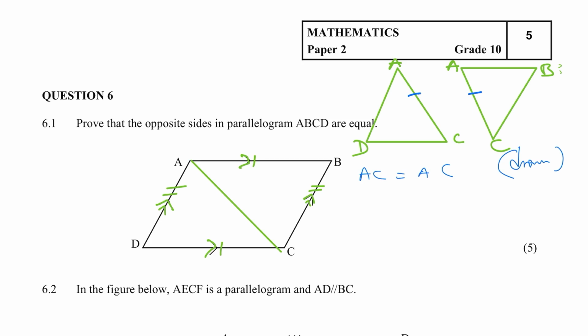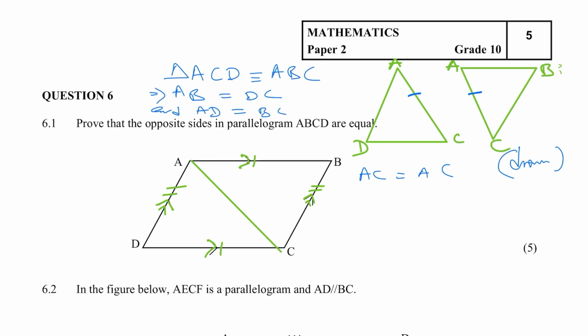So what you're trying to do is, if you can prove that triangle ADC, or rather, I like just following the letters, triangle ACD is similar to triangle ABC, therefore you are able to say that AB is equal to DC and AD is equal to BC.